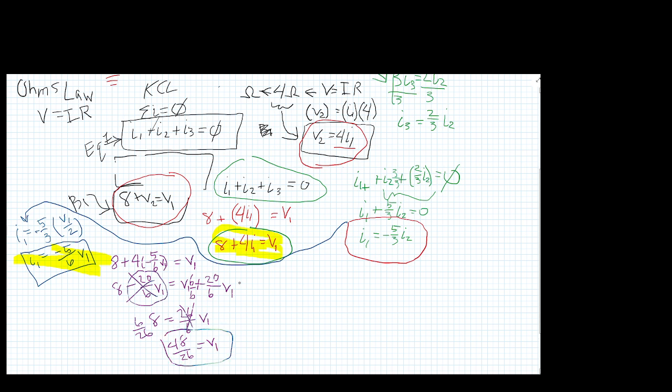So now the rest is easy because everything else is in terms of V sub 1. Our 48 is 2 times 24, and our 26 is 2 times 13. So we have 24 over 13 is V sub 1.